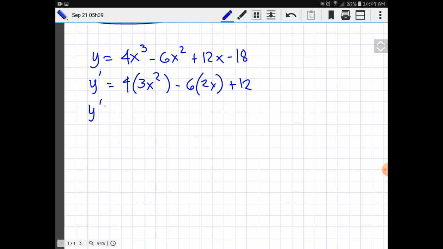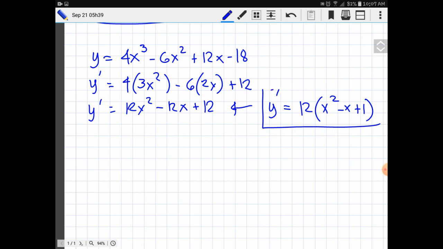And then that would be equals to 12x squared minus 12x plus 12. In this function, we can simply rewrite this as y prime is equals to 12 multiplied by x squared minus x plus 1. And that is our final answer here.